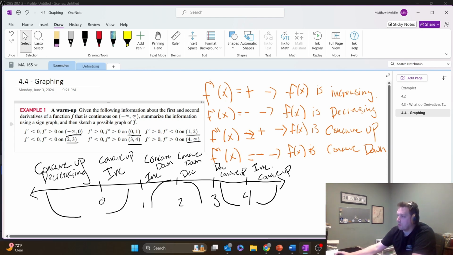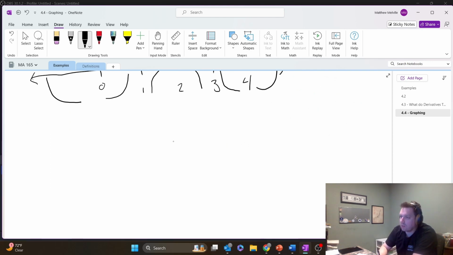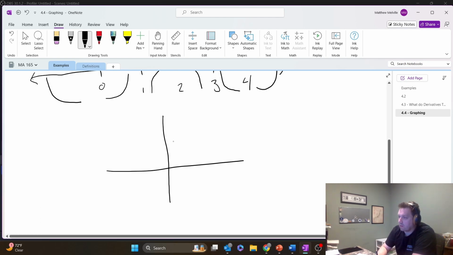So if I go to this graph, I want to kind of sketch this graph. Okay, so I have 0, 1, 2, 3, 4, okay.